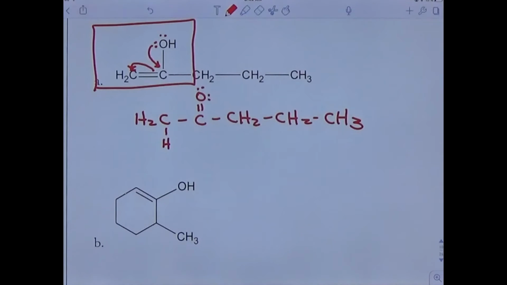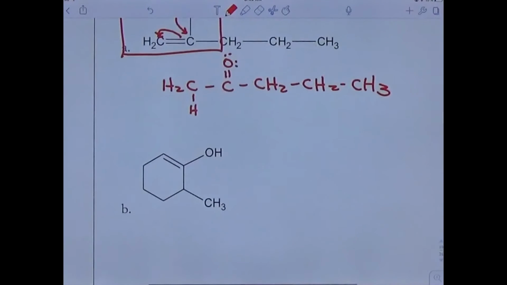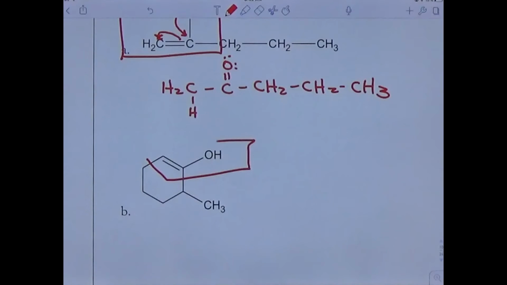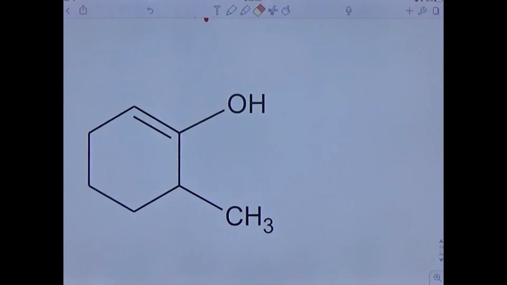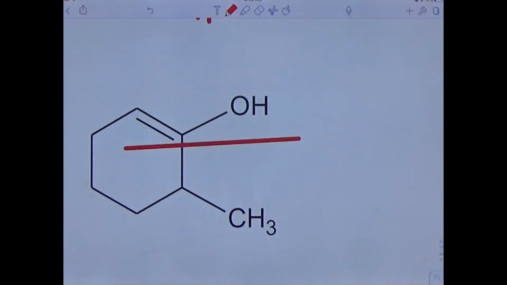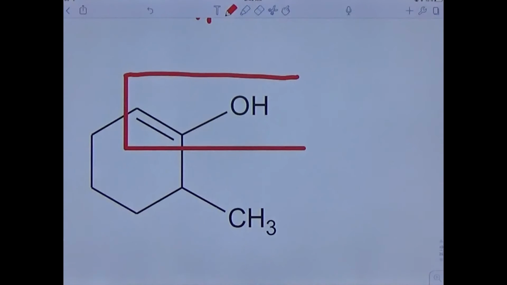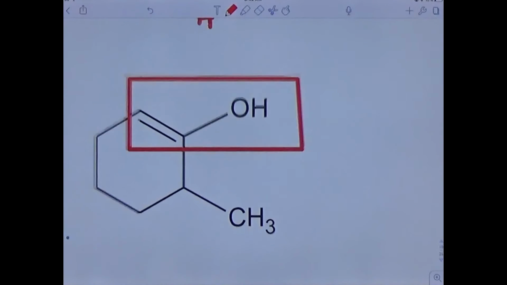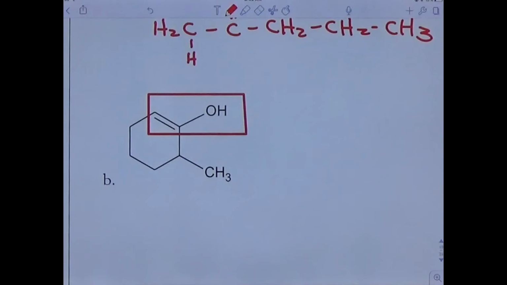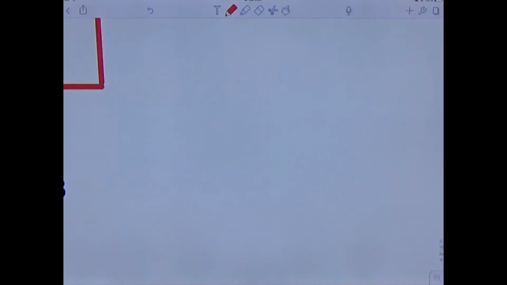See what you can do with the next one. Told you you were going to see lots of resonance from here on out.